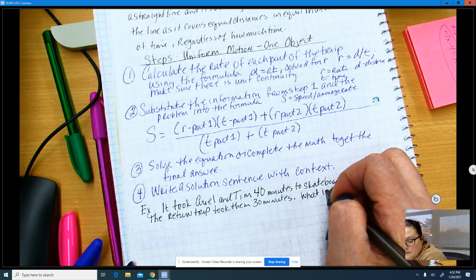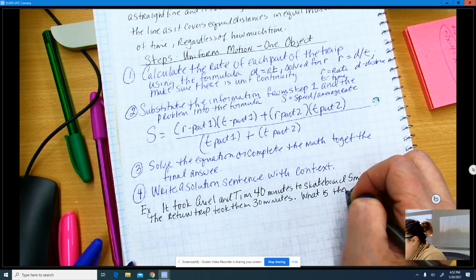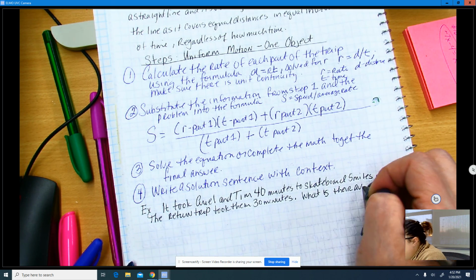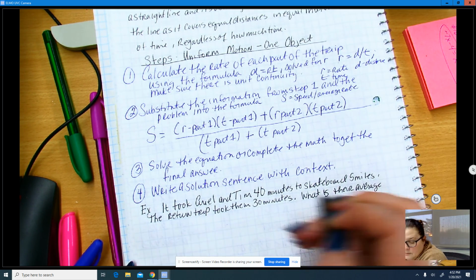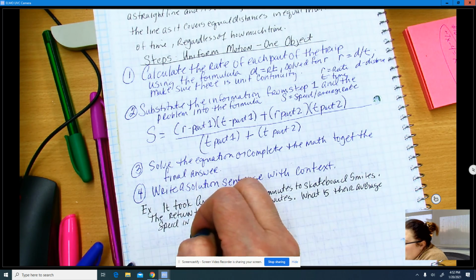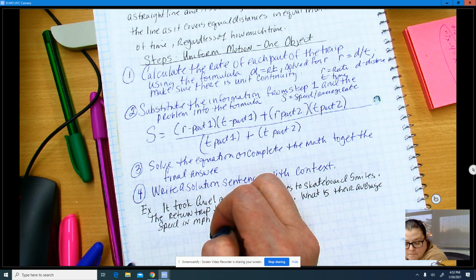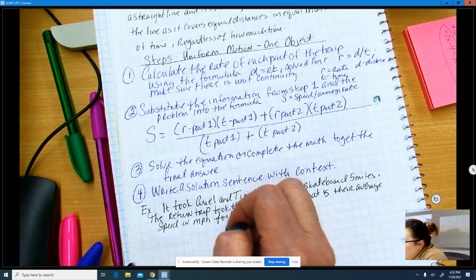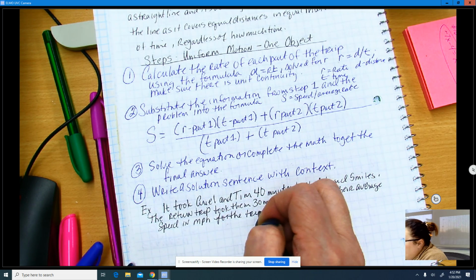What is their average speed in miles per hour for the trip?